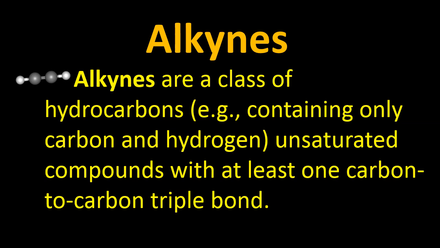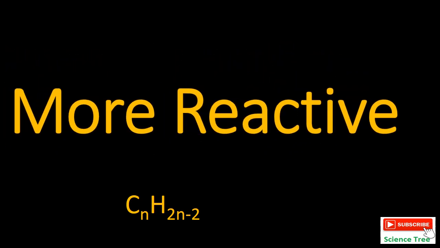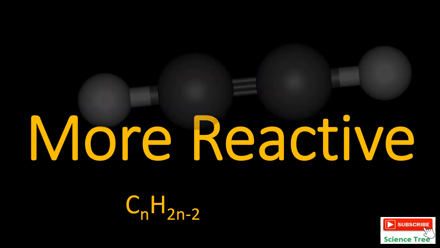When these bonds break, free electrons will be available, and these free electrons will provide a space for the addition of other atoms. Okay, so that's why alkynes are considered unsaturated compounds. They are more reactive compounds.